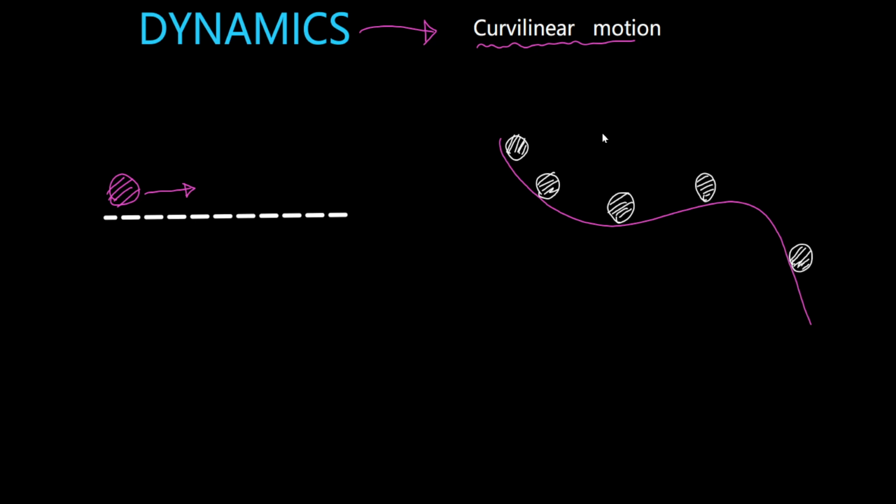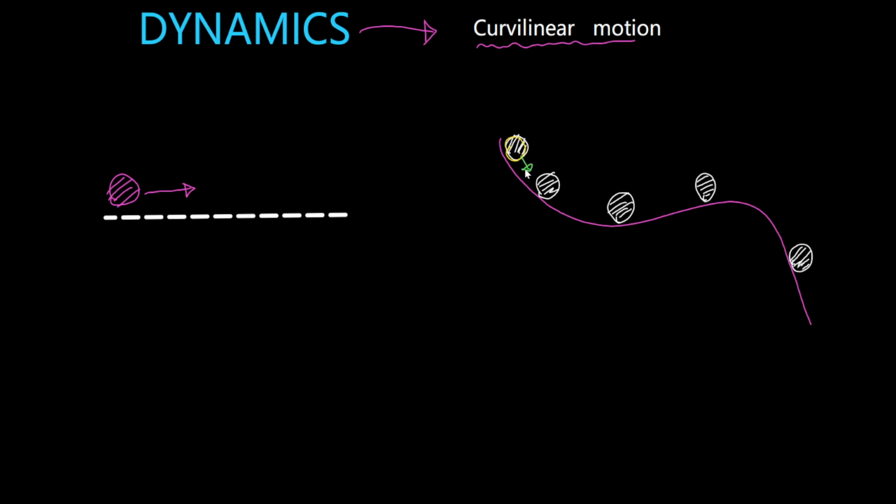Now, before explaining the concept of curvilinear motion, I want to tell you, this object is moving along the curve. What I'm saying is, if the velocity is in this direction, will the object move along the curve? Not at all. So the velocity vector must be tangent to the path.